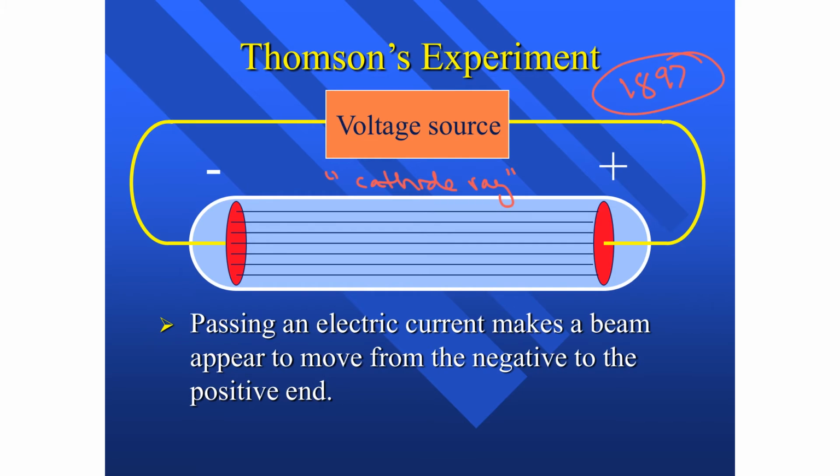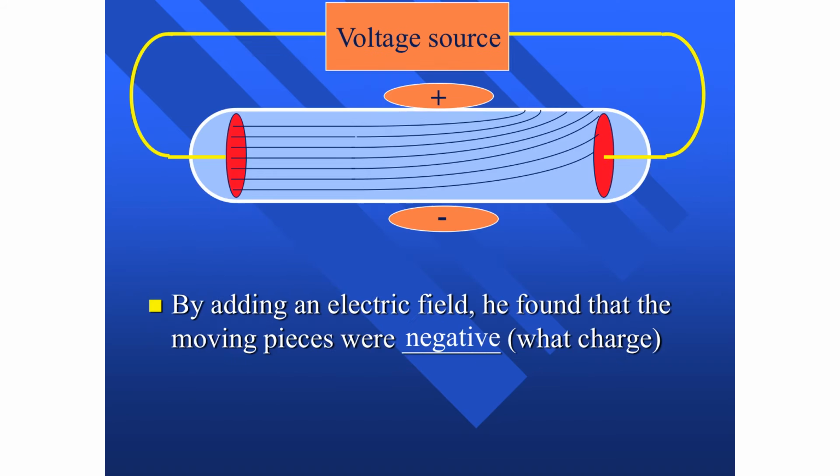What J.J. Thomson did was look at this electrical current through the cathode ray tube, and it appeared to move from the negative end of the electrode to the positive end. So that was one piece of evidence. And then he did something really cool. He added an electrical field.